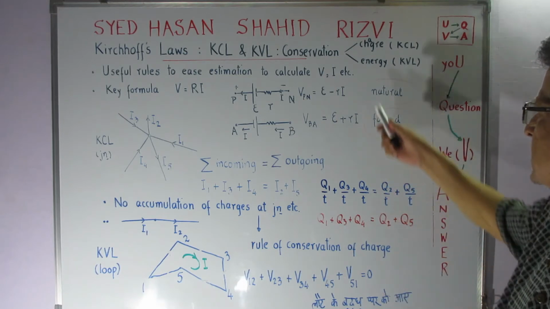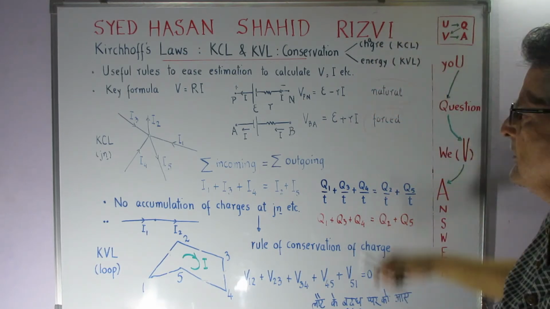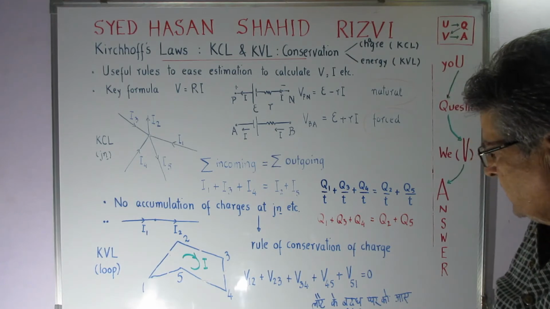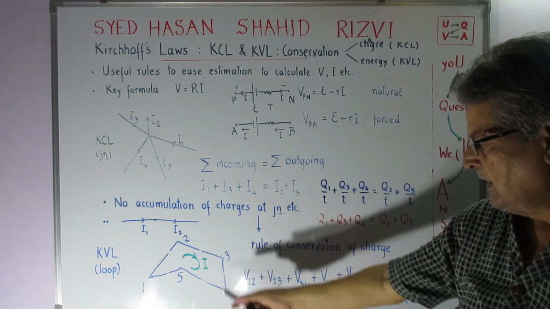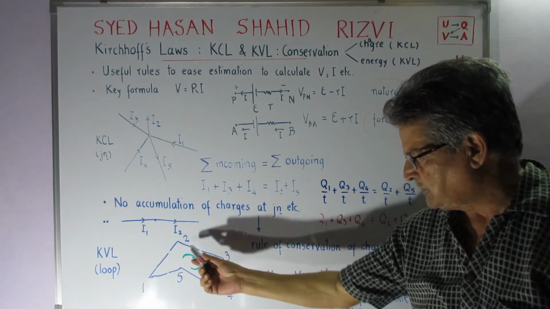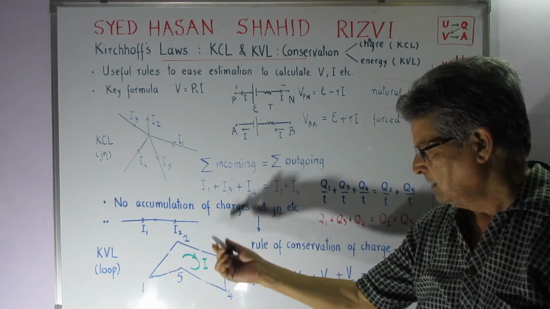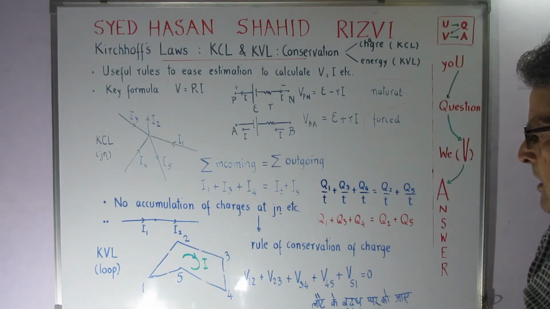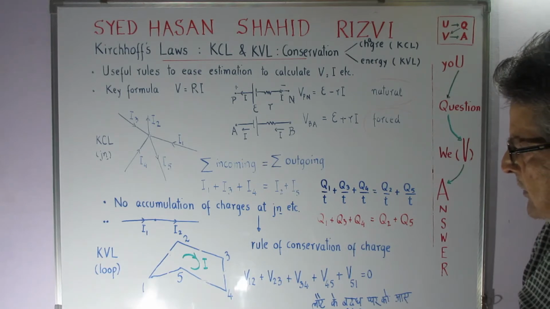This is the law of conservation of energy. This is the current I which is traveling around the loop continually without any loss of the current, etc.